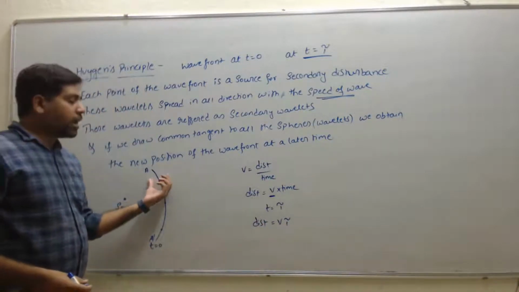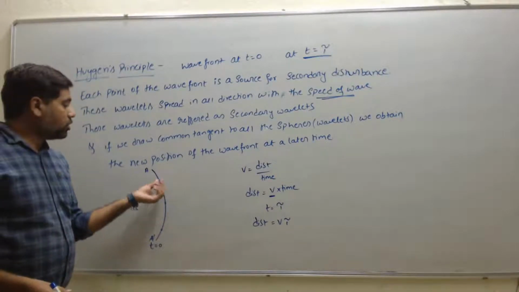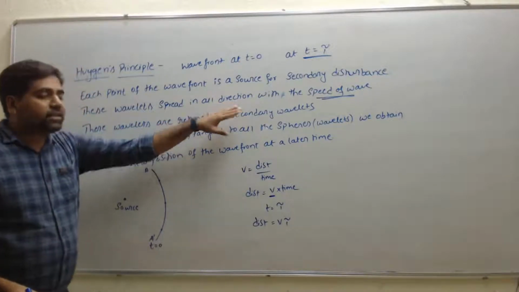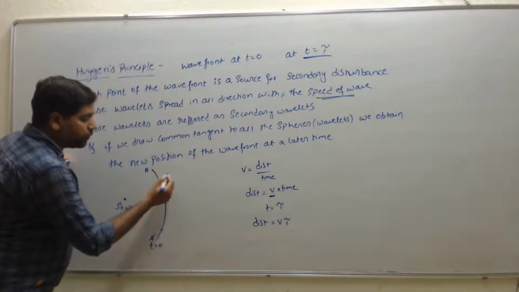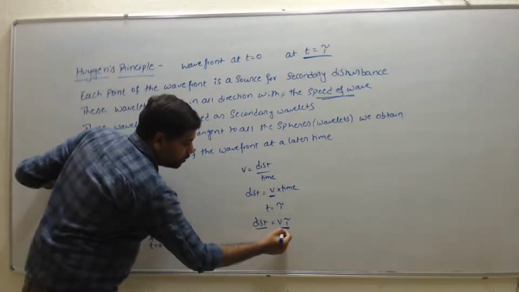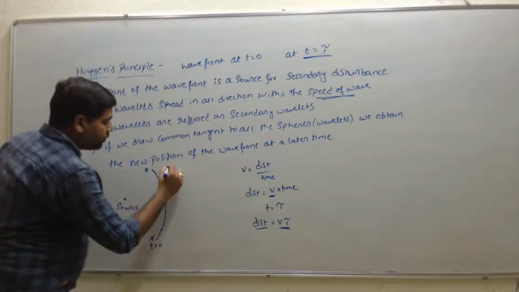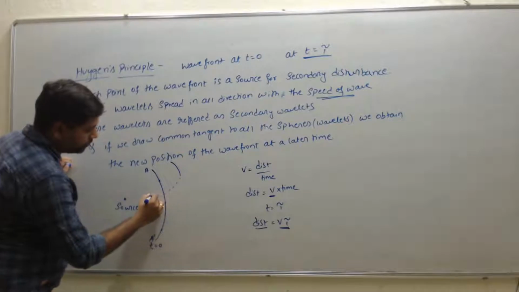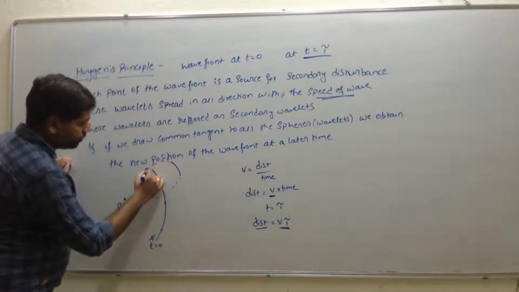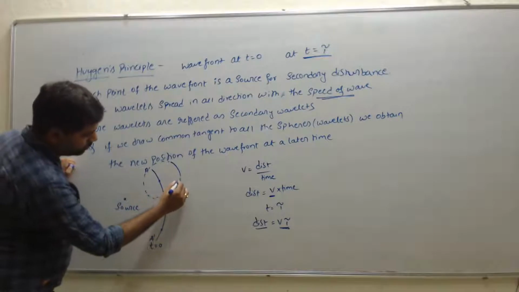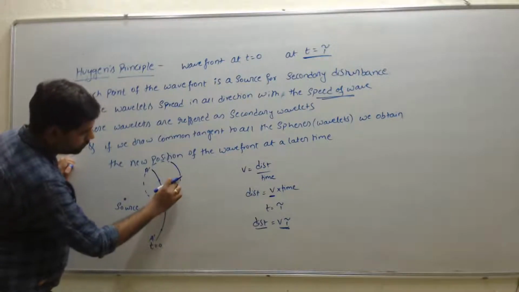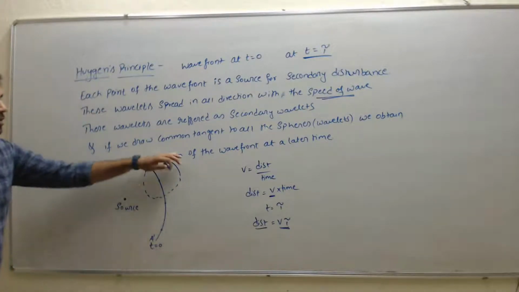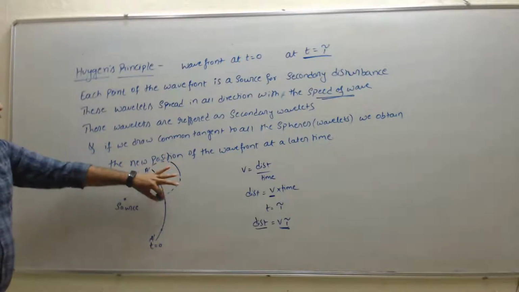From this point we are going to construct one sphere, because from this point the wavelets spread in all directions. That's why we are constructing one sphere of radius v into t. From here the wavelets are spreading in all directions.